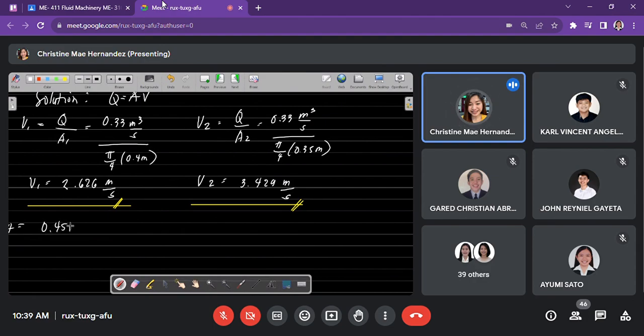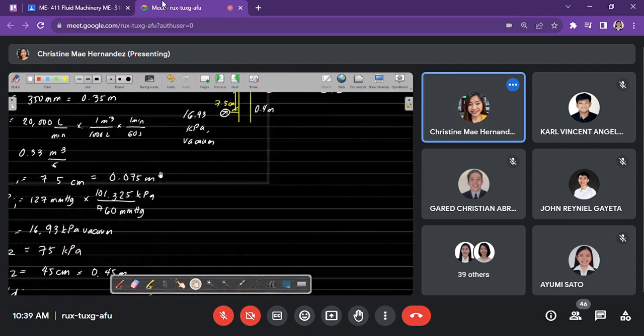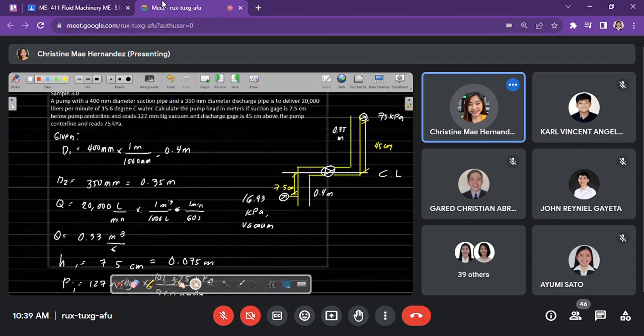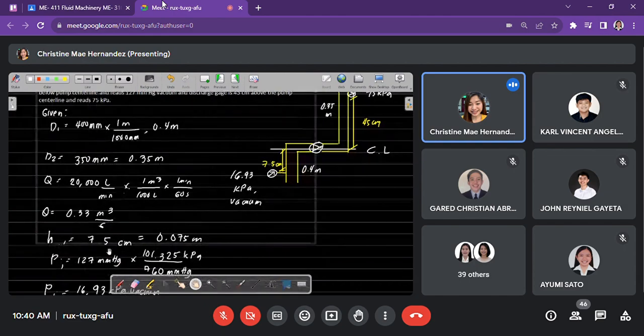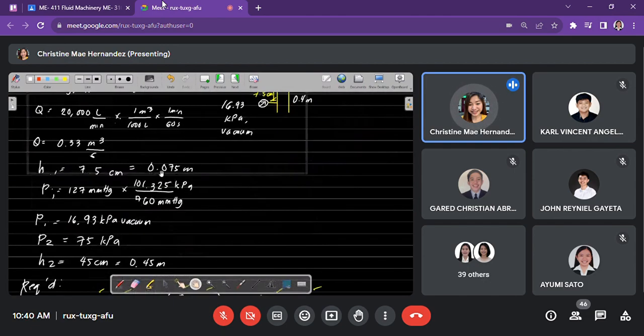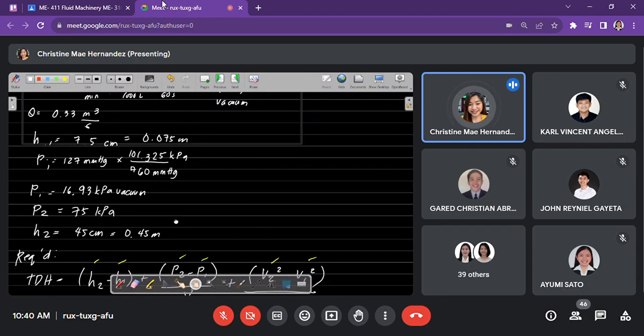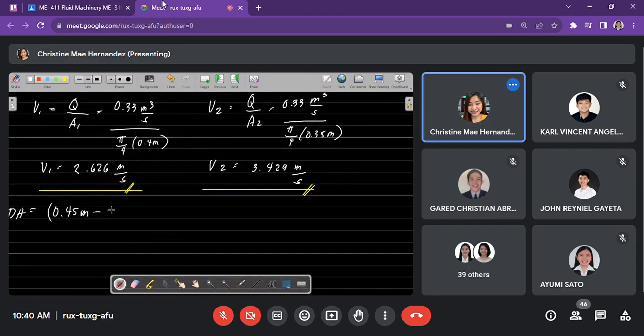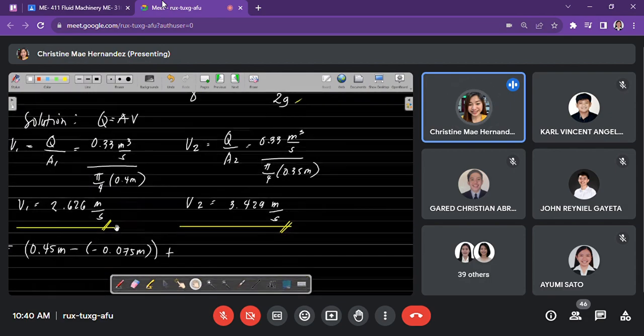0.45 meters minus yung ating H1. Ang sabi dito ay, diba, 7.5 cm below center line. So, below center line, kinonvert natin siya into meters. So, negative 0.075 meters kasi siya ay below center line, plus. Tapos na tayo sa elevation head. Pressure head naman tayo.